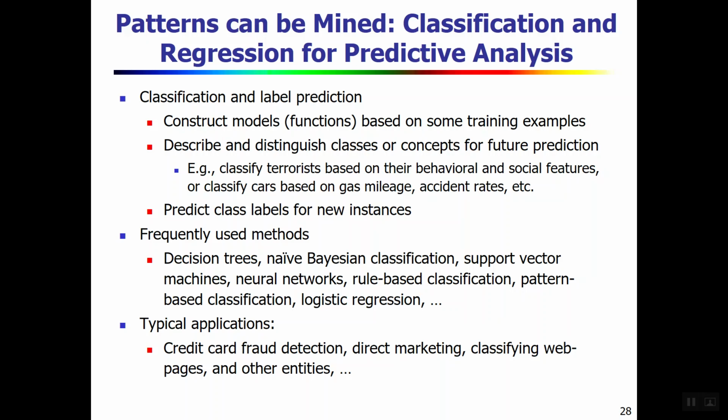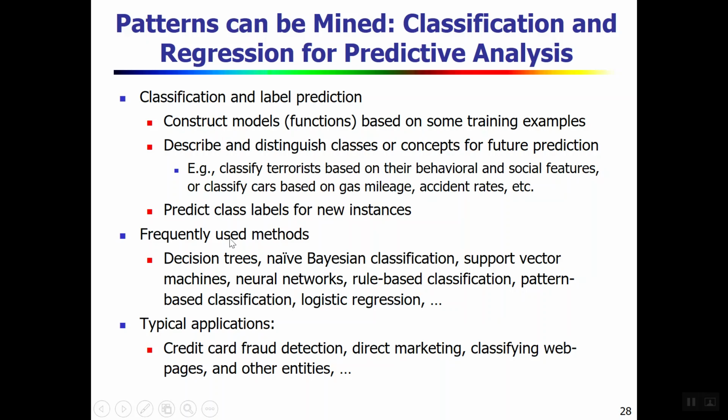The system will be given a picture and classify whether this picture contains a car, a sad person, a happy person, or a specific, particular person. So a lot of problems can be formulated as a classification problem.